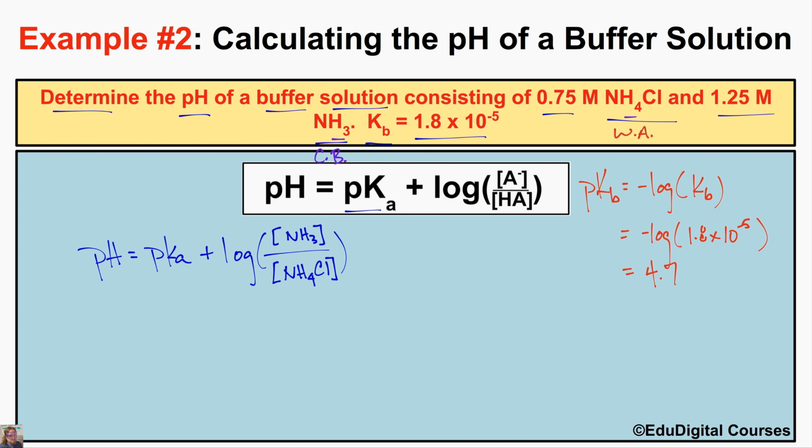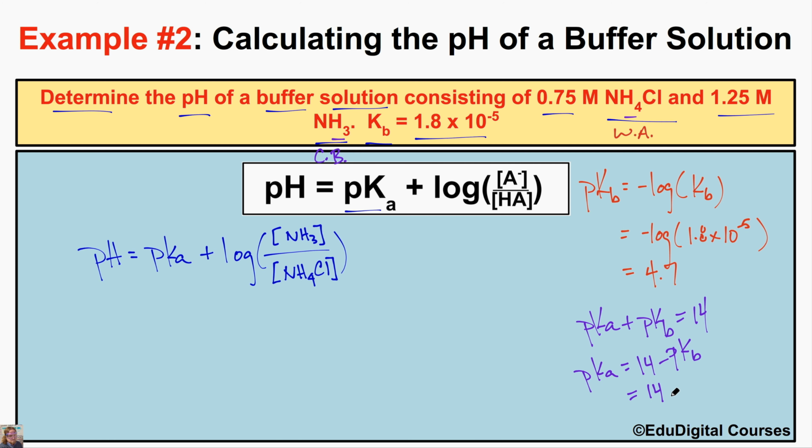But how can we find pKa? Well, pKa plus pKb is always going to equal 14. And so if we're asked to find the pKa, we simply take 14 minus the pKb.